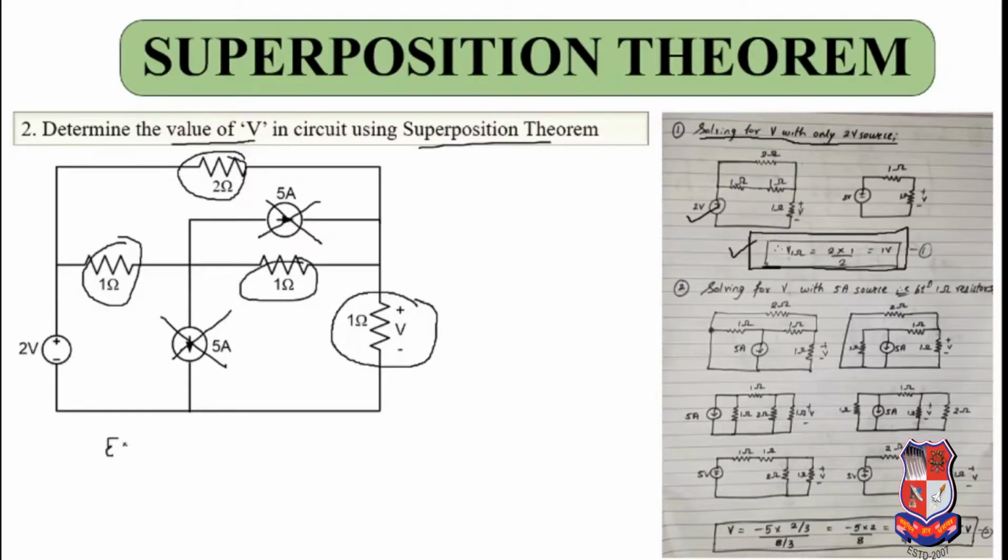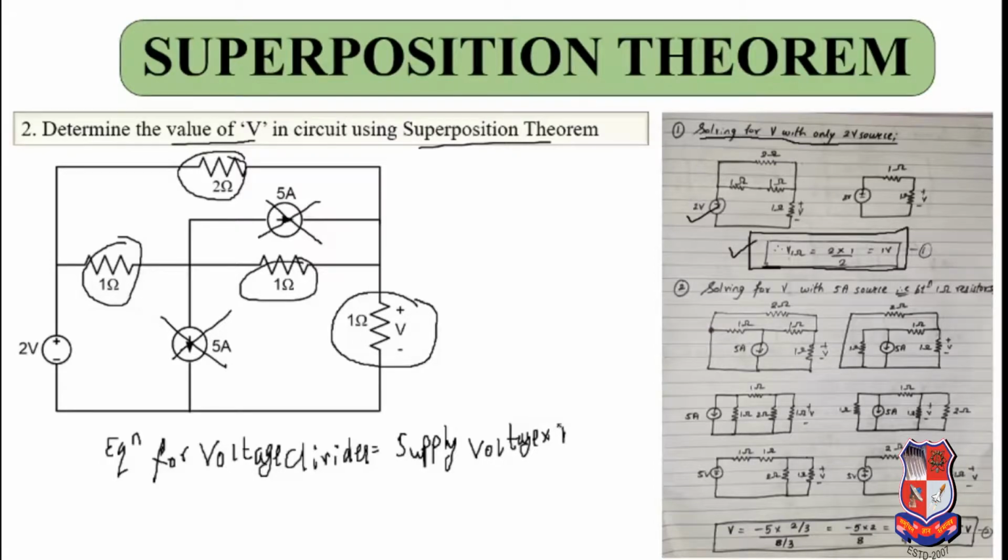So what is the equation for voltage divider? It is the total source voltage, or supply voltage, multiplied by the resistance across which the voltage is to be found, divided by the total resistance.